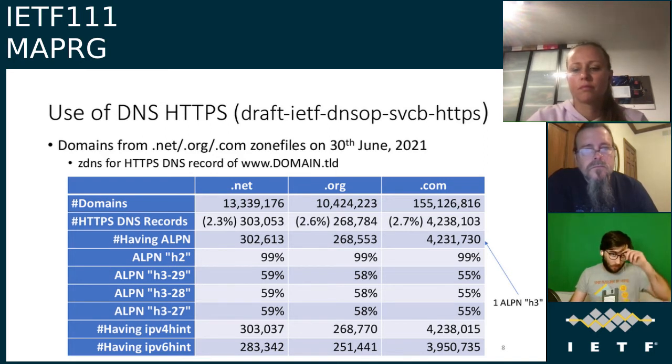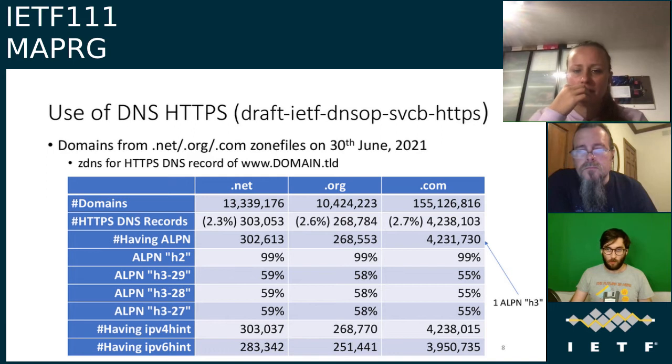We also looked at the IPv4 hints, a mechanism where you can directly give an IP address that you could use to connect to one of those servers supporting the protocol. Most actually give us an IPv4 hint, but the IPv6 hints are a little bit behind. If you look into this data, you will find that one of the driving implementers is Cloudflare, which announces these HTTPS records for a quite large share of sites.